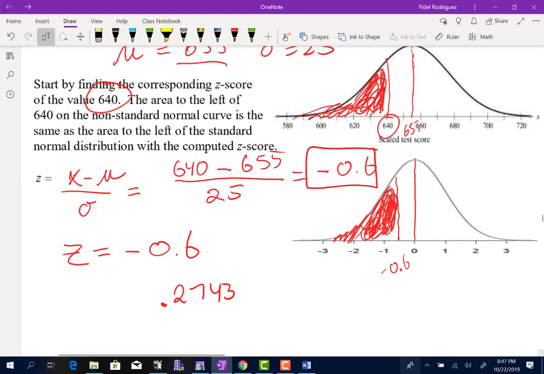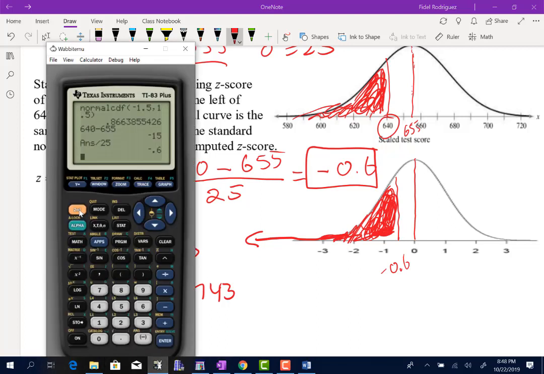Now, guys, if you wanted to use your calculator, remember, we're finding the area to the which way? To the left. So remember, we're going over here forever. So I'm going to go second vars, normal CDF.